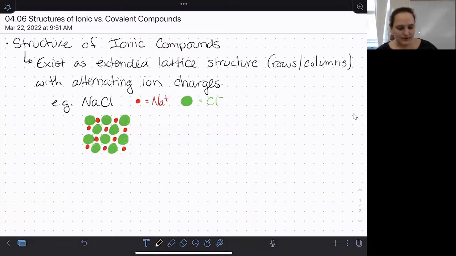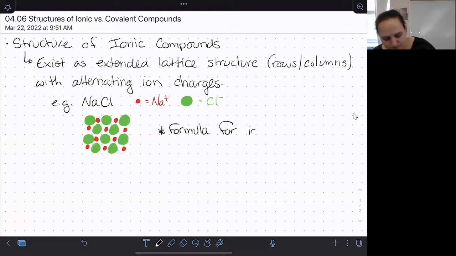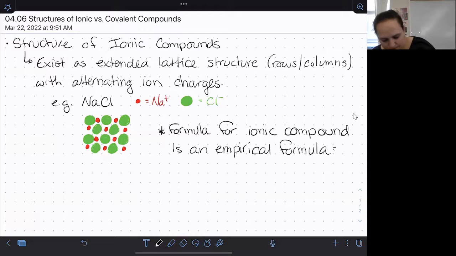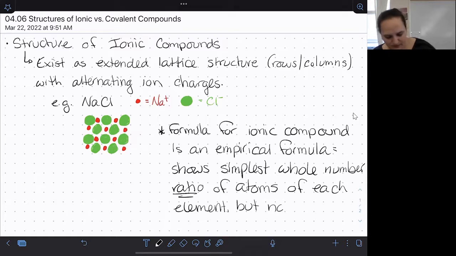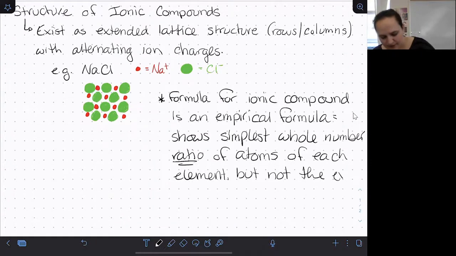Again, the important thing to remember here is that the formula for an ionic compound is actually what we call an empirical formula, which means it shows the simplest whole number ratio of atoms of each element, but not the exact number that are actually connected.